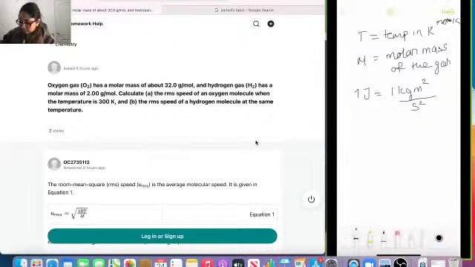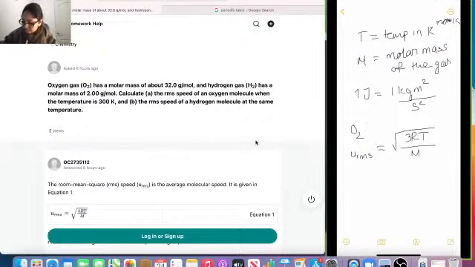Now, when we're solving for the speed for O2, this is question A. We're going to use the equation U RMS is equal to the square root of 3RT over M, and then we're just going to substitute what we know.